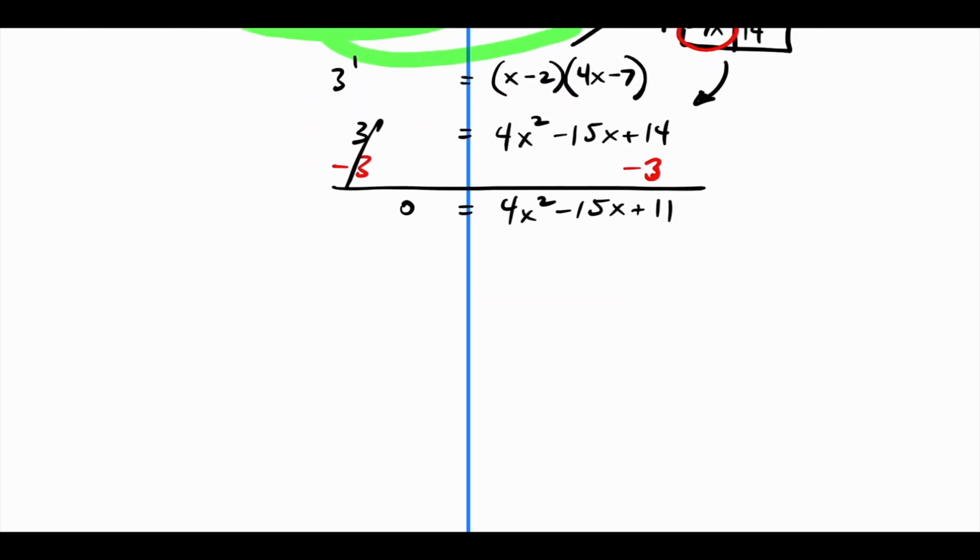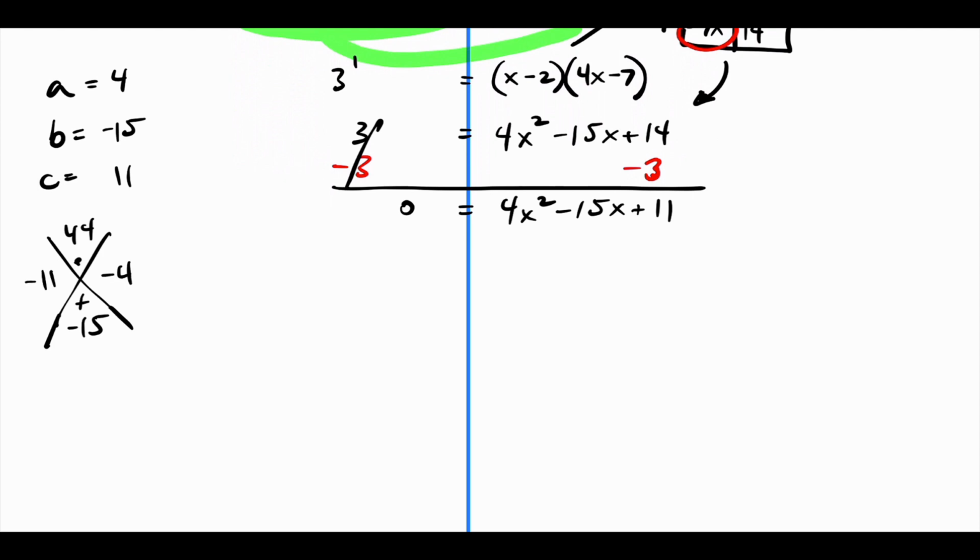Now what I got to do is ABC. So A is 4, B is -15, C is 11, sorry. So multiply to be 44, add up to be -15. So you get -11 and -4.